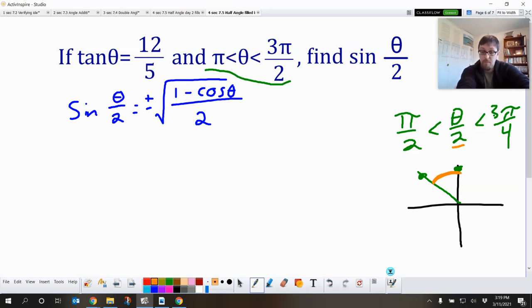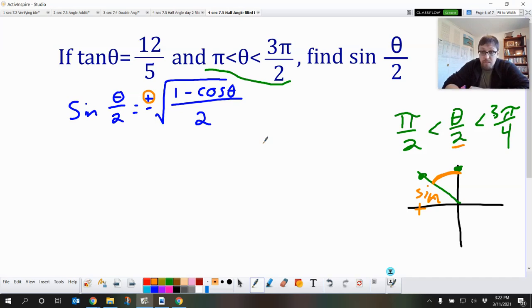Well, then there, sine is positive. So I want to choose the positive case for this one. Note that if I hadn't done that, I would have jumped down into quadrant 3, where sine is negative. That'd be bad news bears.